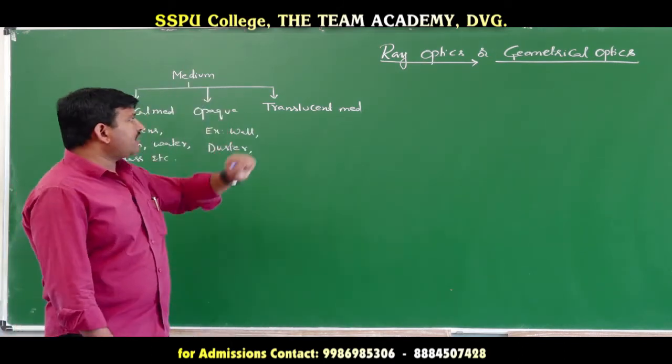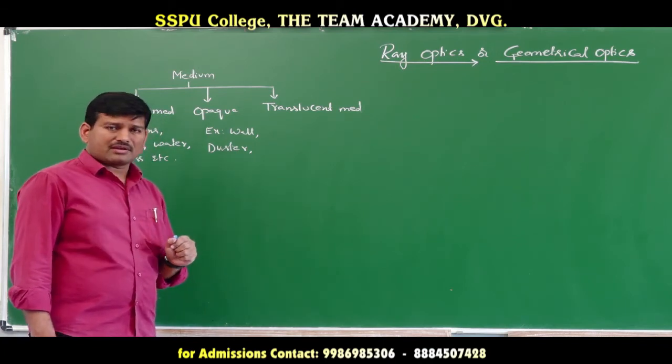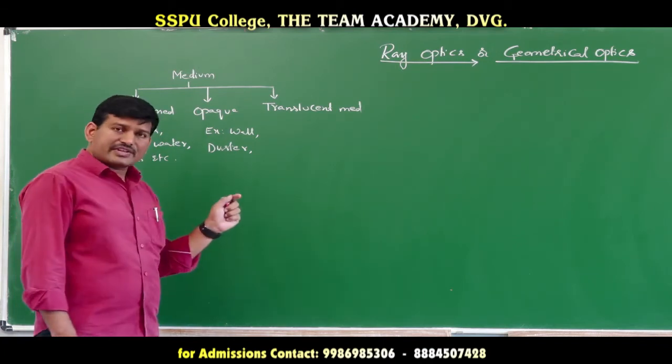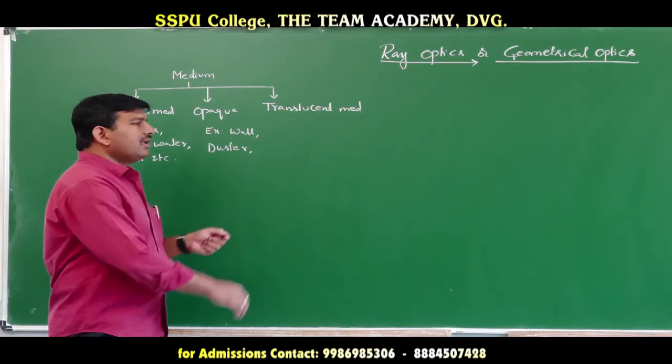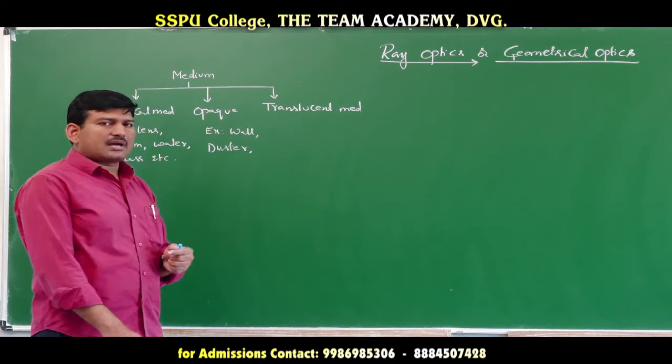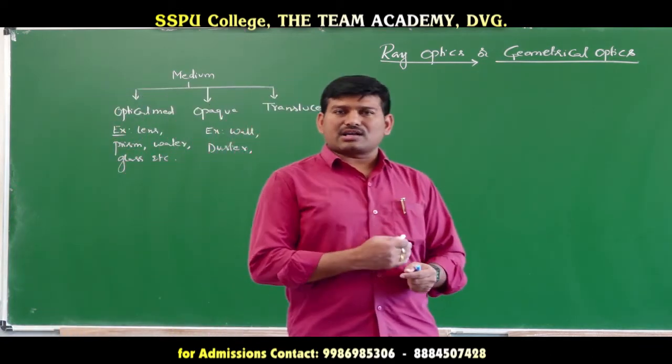Here I am saying light is taken as a ray when the wavelength is very small compared with the size of the objects that we are considering. For example, in this ray optics chapter, we will be dealing with prisms, lenses, and curved surfaces.